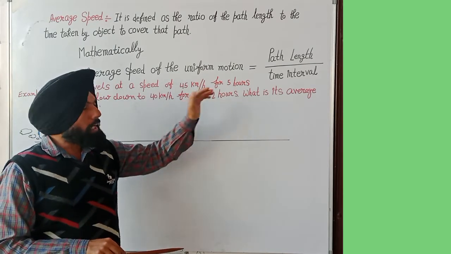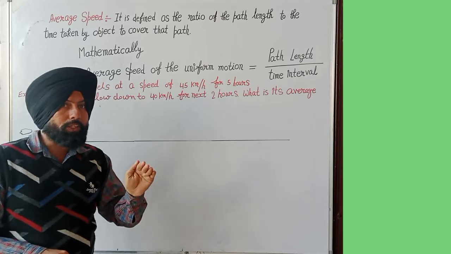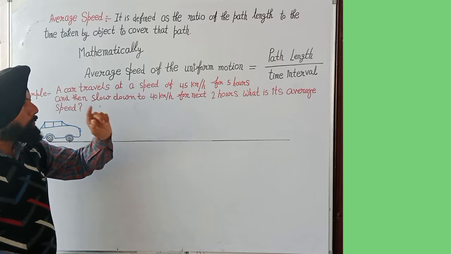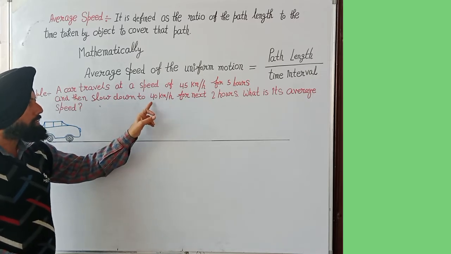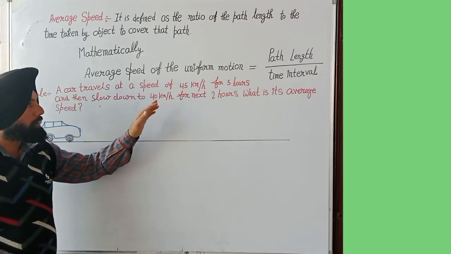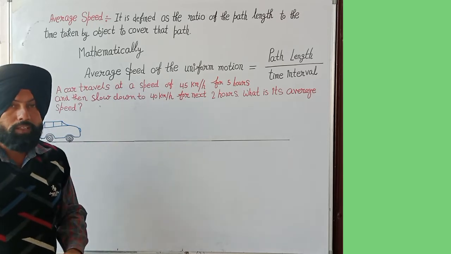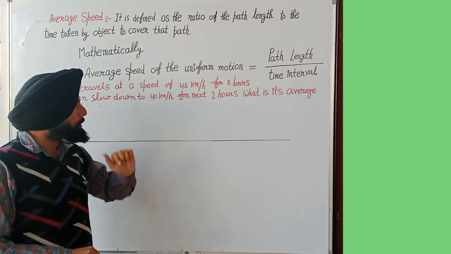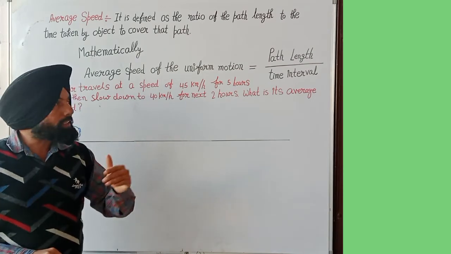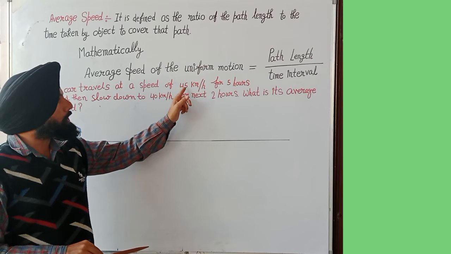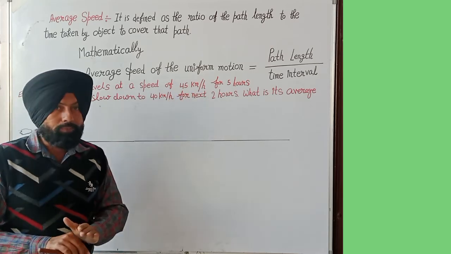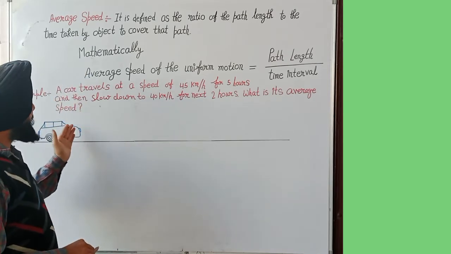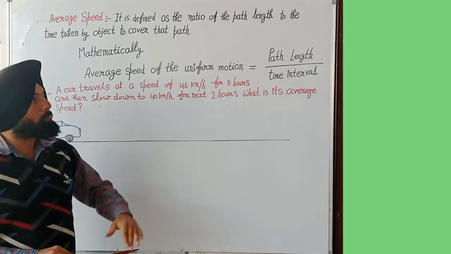After 5 hours, it reduces its speed, and in the second case its speed is 40 km per hour for the next 2 hours. And we want to find the average speed using this formula.